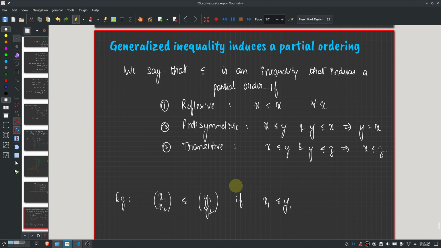So it is transitive, but is it anti-symmetric? Suppose I have (1, 2) and (1, 3). If this is x and this is y, x is less than or equal to y, but y is also less than or equal to x. But that can happen without x being equal to y. Correct? So it is reflexive, it is transitive, but it is not anti-symmetric.